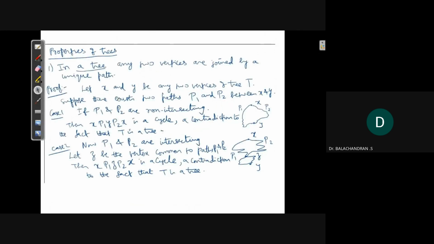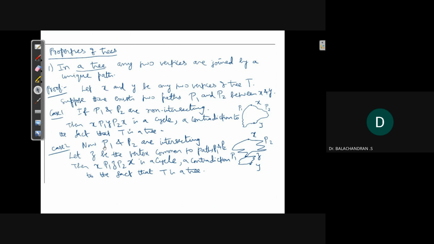It is forming a cycle. So this is a contradiction to the fact that T is a tree, because a tree has no cycle. Why do we get a contradiction? Because we have a cycle. Why do we have a cycle? Because we assumed there are two paths between X and Y.